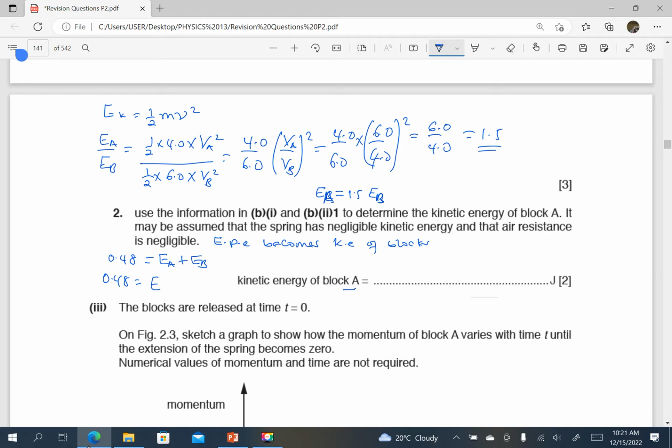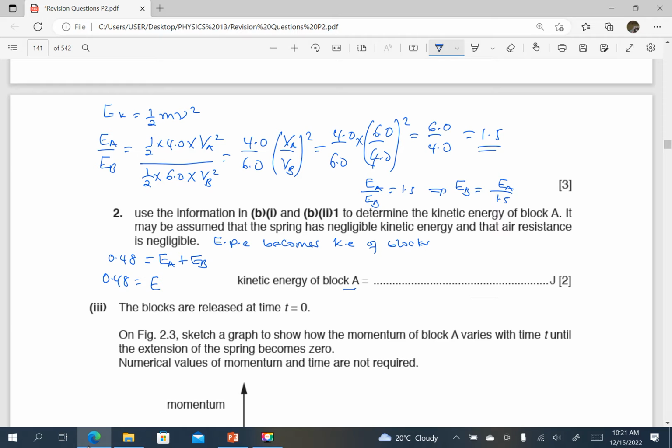Let me make EB the subject, no problem, because I want to remove EB so that I calculate EA directly. From kinetic energy of A over kinetic energy of B being equal to 1.5, when I cross multiply, kinetic energy of B is going to be EA divided by 1.5.